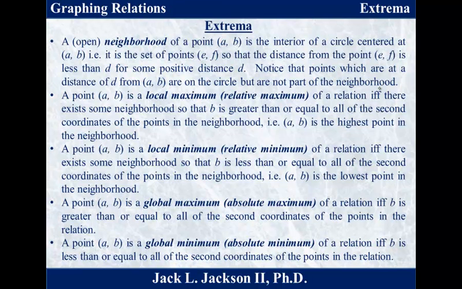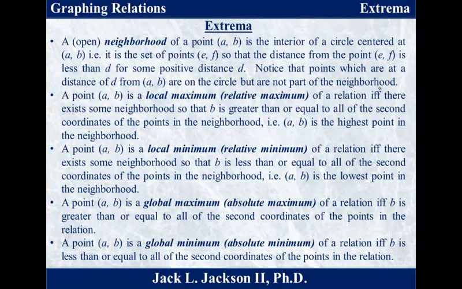If they're at distance d, they're on the circle, and that's not part of the neighborhood. The neighborhood is just the interior of the circle, not the circle itself. This is kind of an extension of the idea of an open interval, where it does not include boundary points.